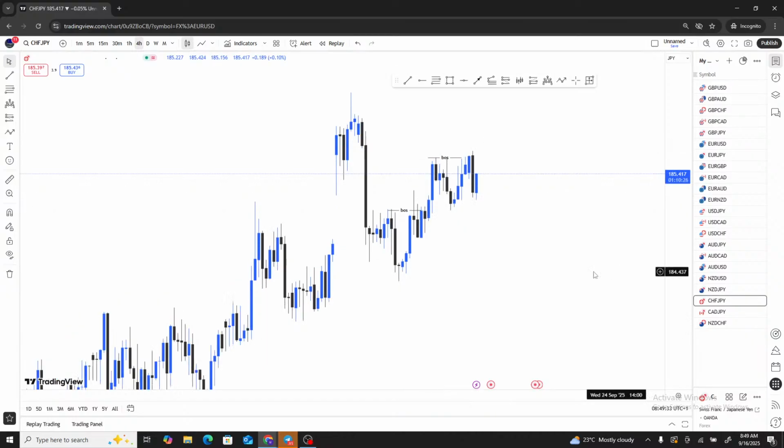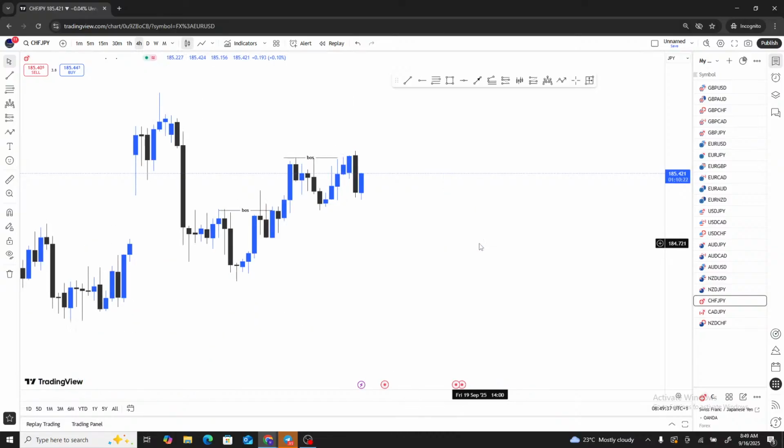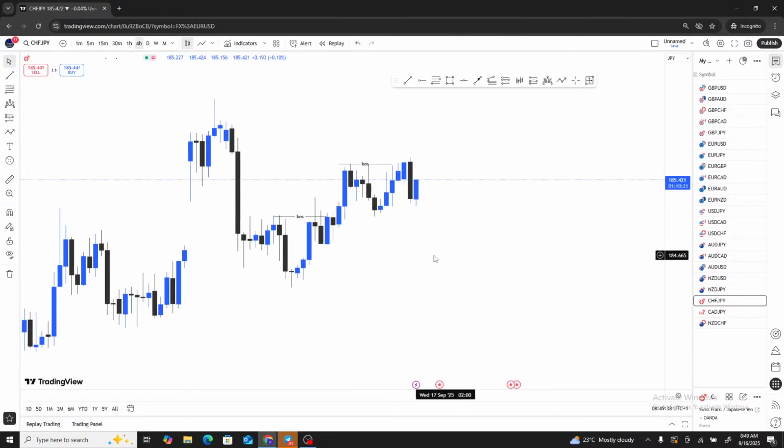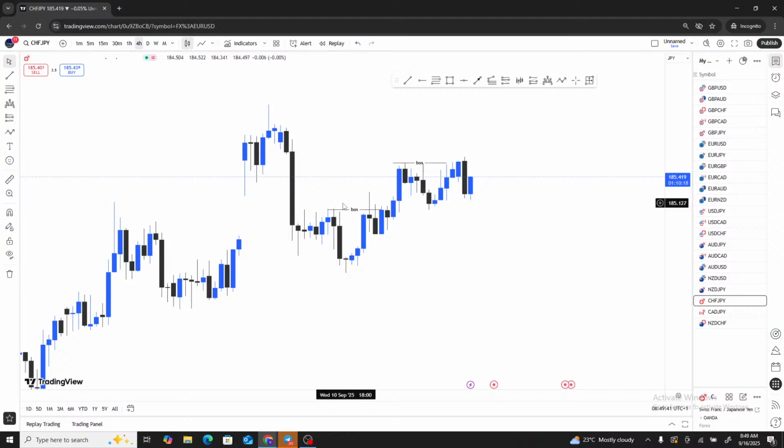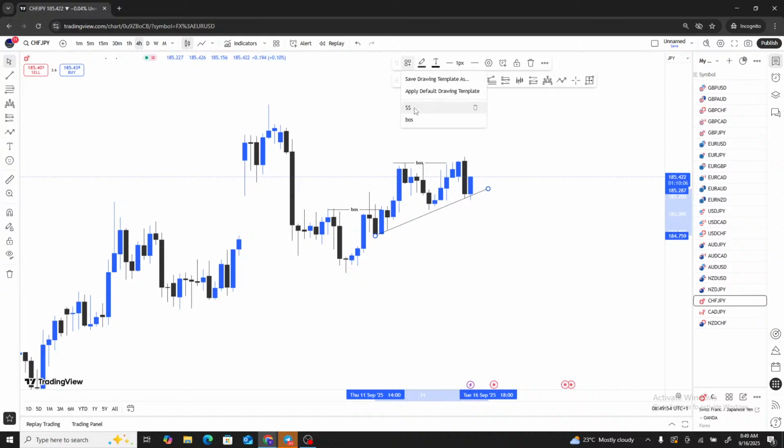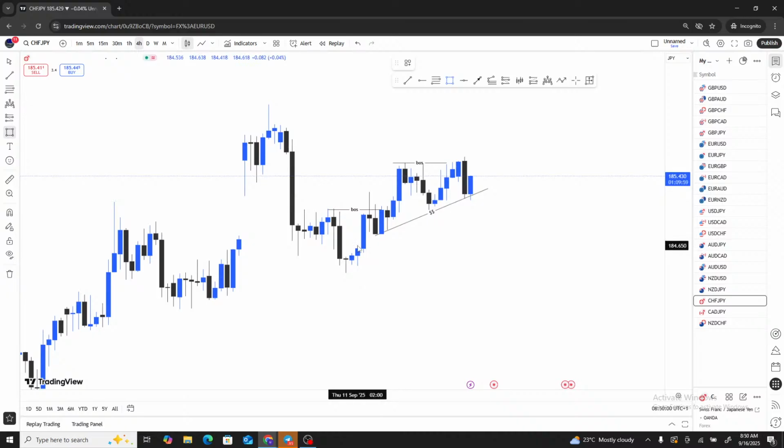After marking out our break of structure, what is the next thing we have to mark out? We look for liquidity. As you can see, this is liquidity right here. This is a trend line liquidity, that's what it's called. And we'll mark out our order block from this level.